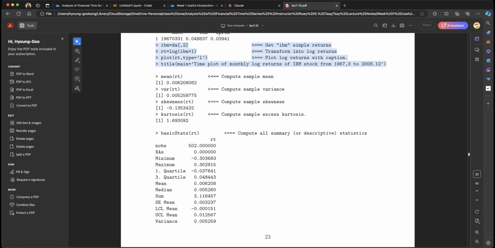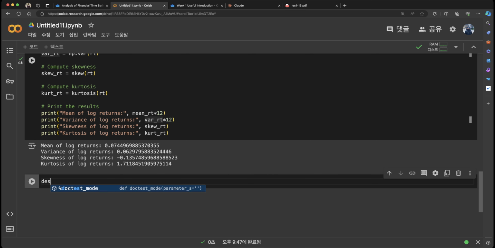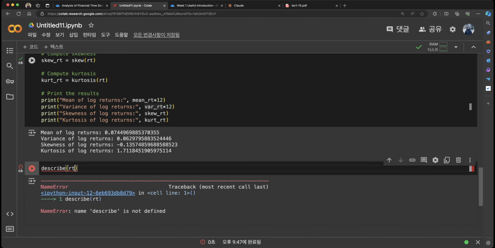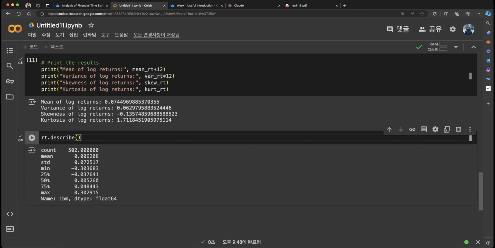Okay, and then there is basic stat RT. In R, this is the code for basic statistics. But in Python, we have something similar, which is describe. We describe RT, RT.describe. It gives count, mean, standard deviation, and those things.